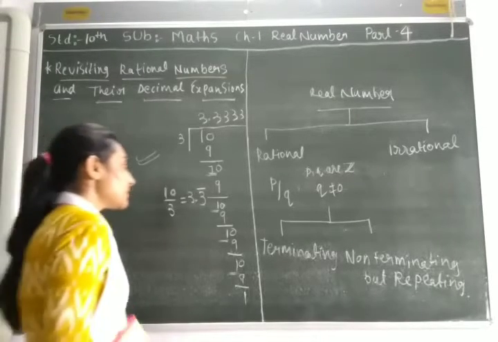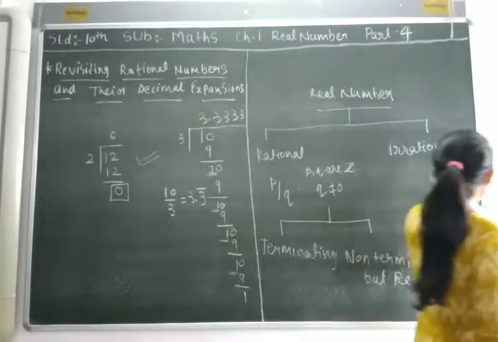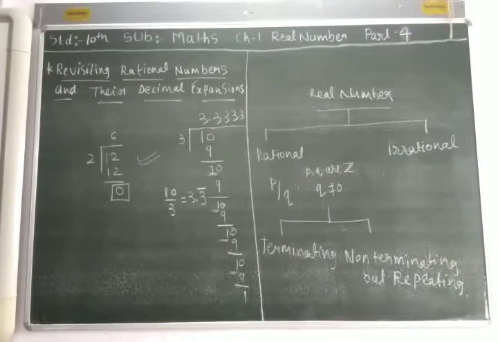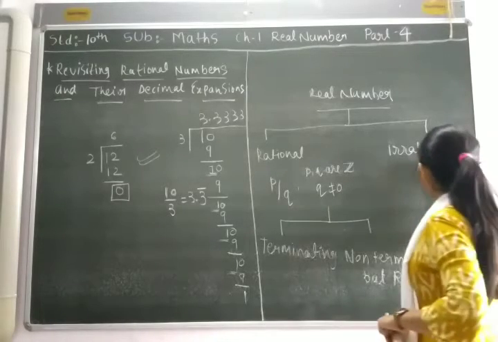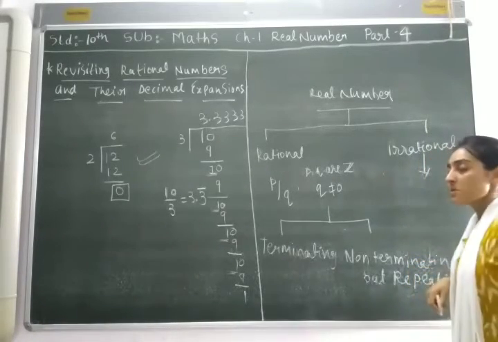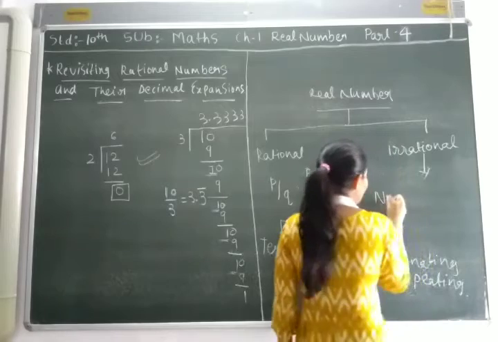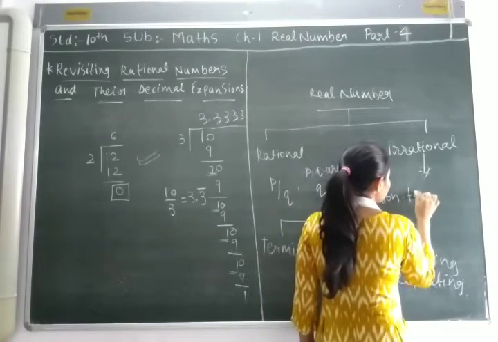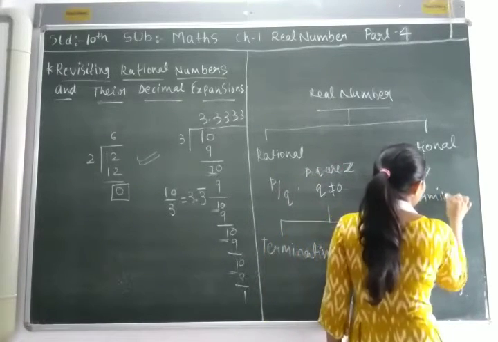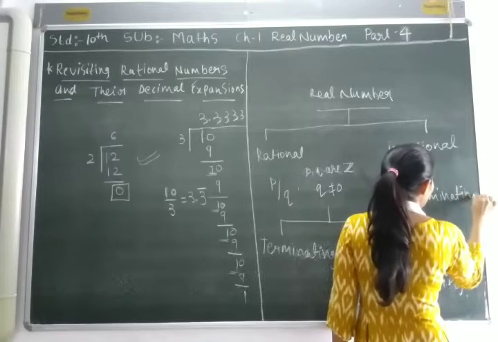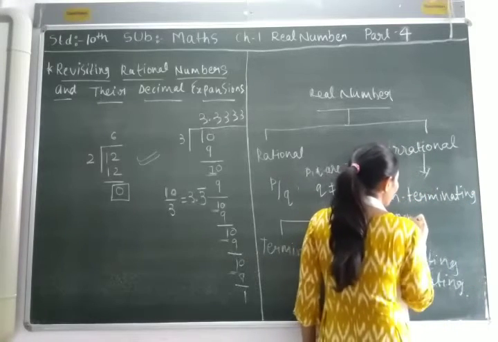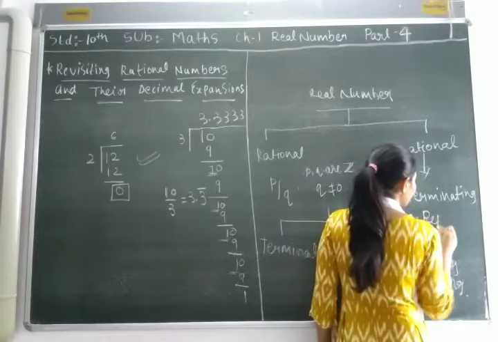Now the second one, irrational numbers. In that, there is only one category, which is non-terminating, non-repeating.